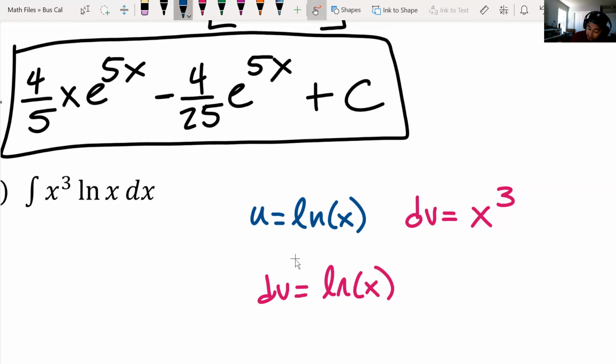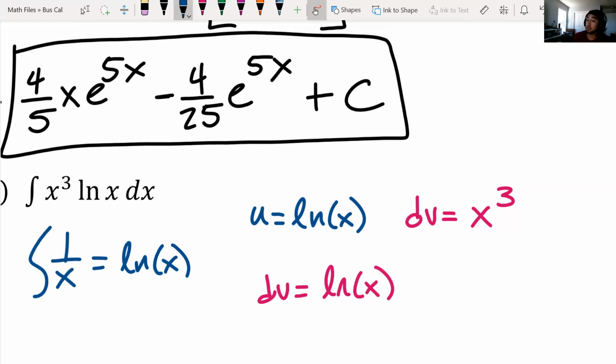We know that the derivative of the natural log of x is 1/x, and then we know that the integral of 1/x is the natural log of x, but we have no idea what the antiderivative of the natural log of x is. That would take a lot of finesse that we don't need to use in this class.